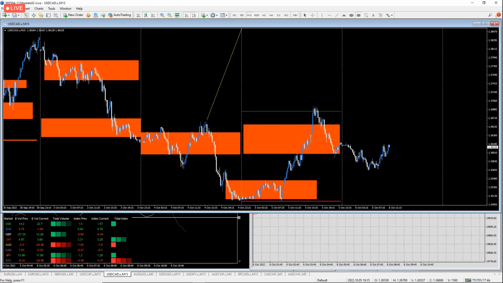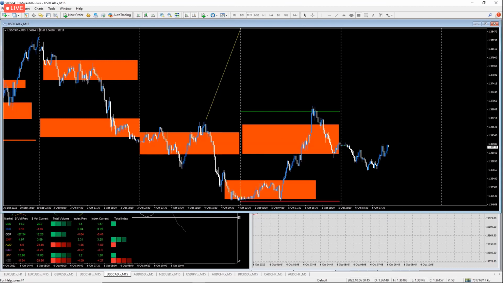So for everyone that is in the class right now, when you see two currencies together, let's say NZD, in this case, NZD CHF.